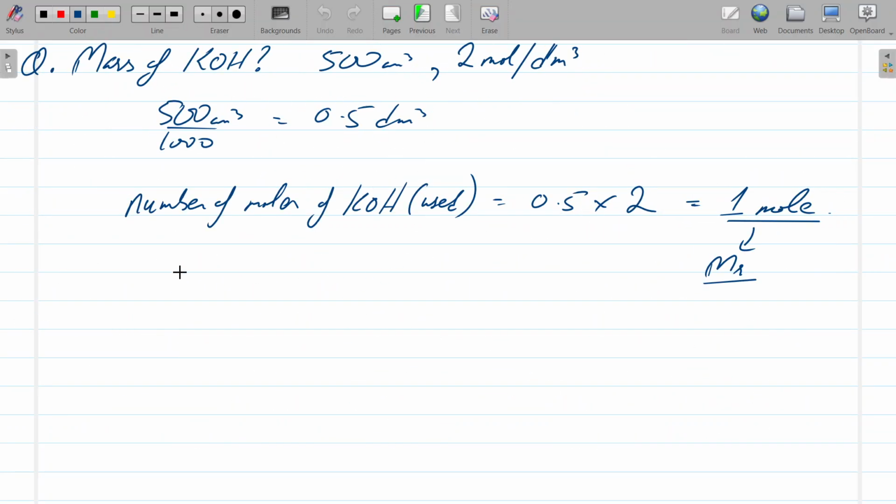right? And so Mr of potassium hydroxide is, potassium is 39, plus 16 plus 1, gives me 56 grams, right?